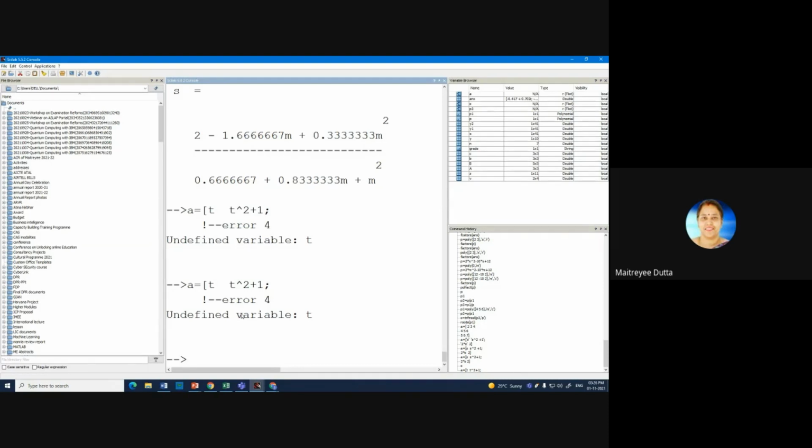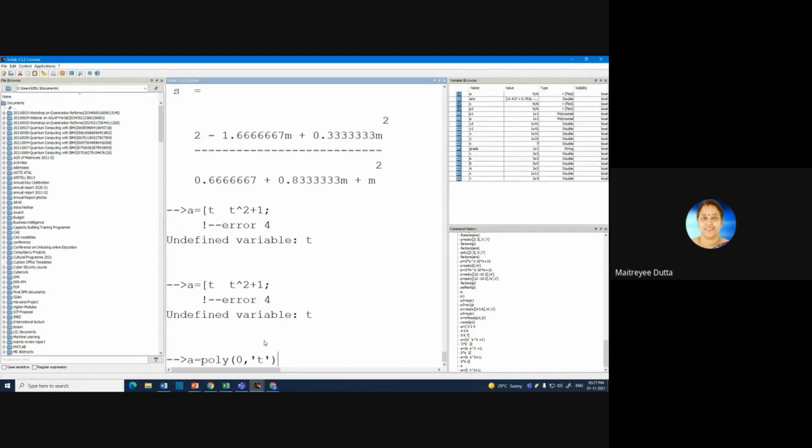So if we want t square plus 1 and 2t plus 1, we can write the equation like this. Then we first have to declare t as a polynomial variable. To declare t as a polynomial variable, we write t equal to poly(0, 't').